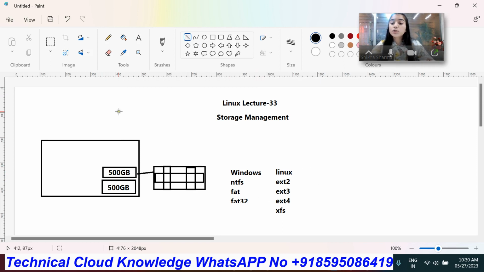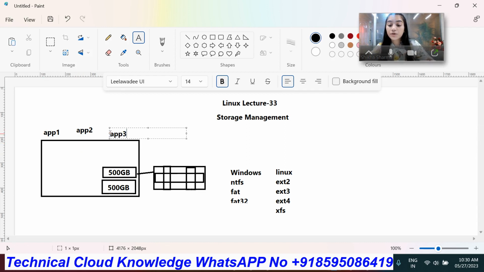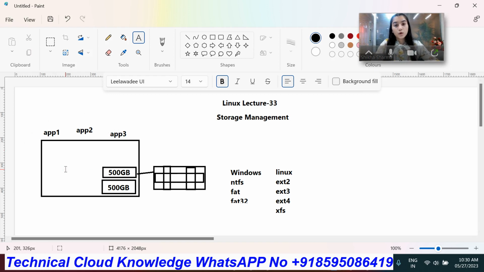Suppose on my server there are many applications running. Let's take application 1, application 2 and application 3. On my server there are almost 3 applications running, and all these 3 have different demands. All these 3 want different file systems on their hard drive.